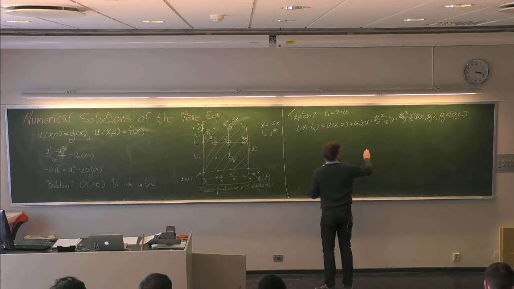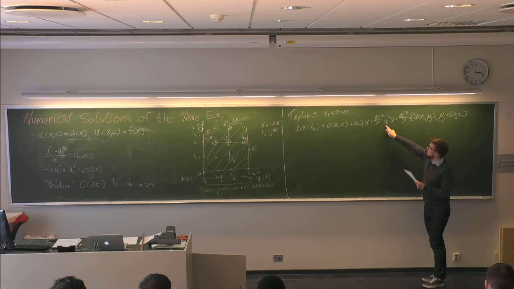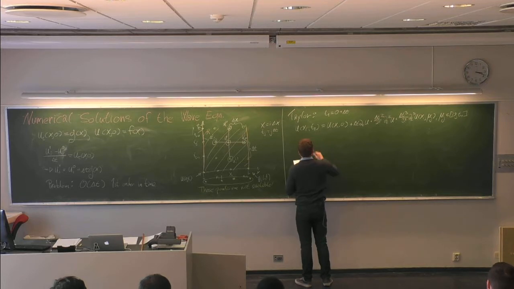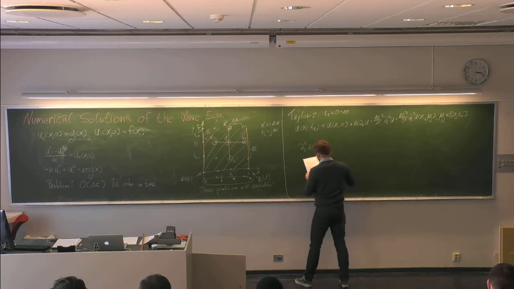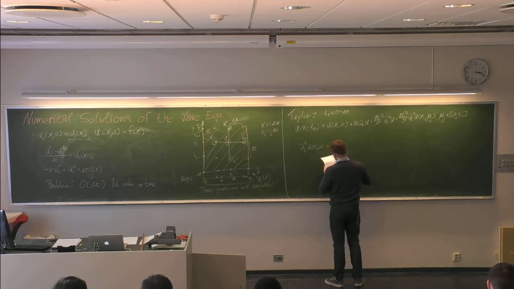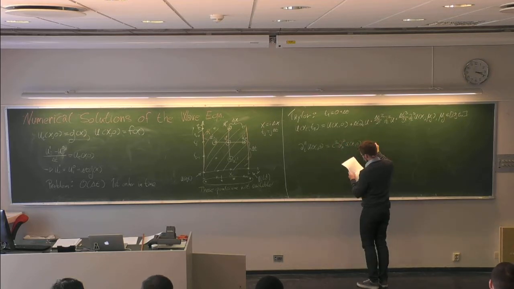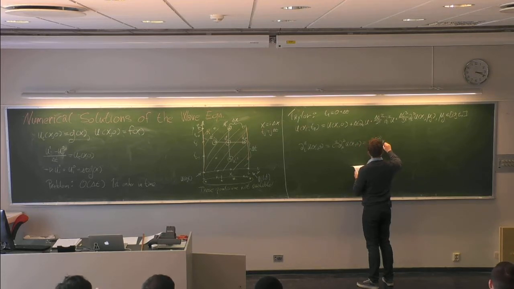So then we assume that the second derivative exists. We just assume that this is a thing. Then we will have that dt squared u of xi, 0 equals c squared dx squared. So this again is just a wave equation at xi.